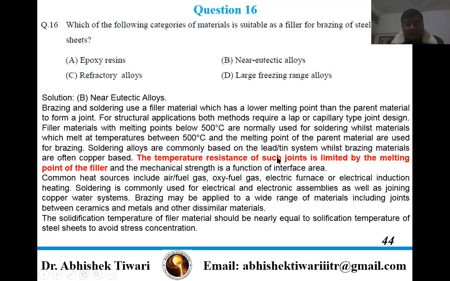The temperature resistance of such joints is limited by melting point of the filler, and the mechanical strength is a function of interface area. The solidification temperature of filler materials should be nearly equal to solidification temperature of the steel sheets to avoid stress concentration. So the correct answer here is near eutectoid alloys.